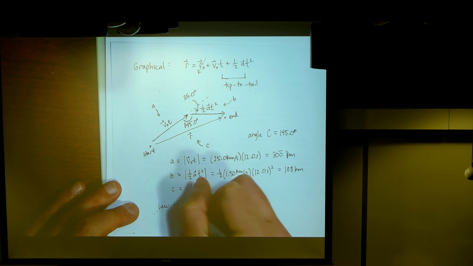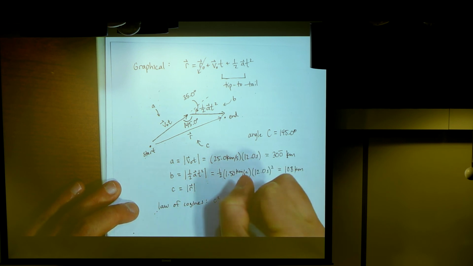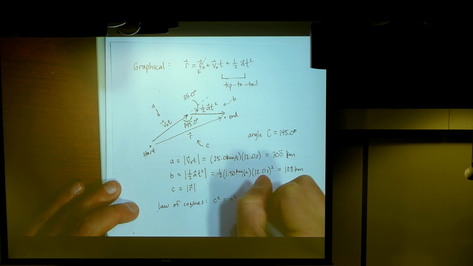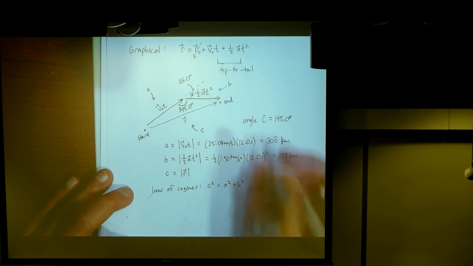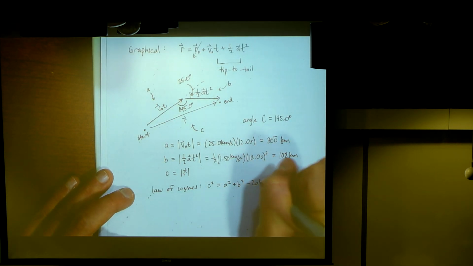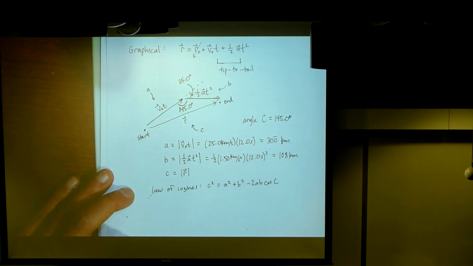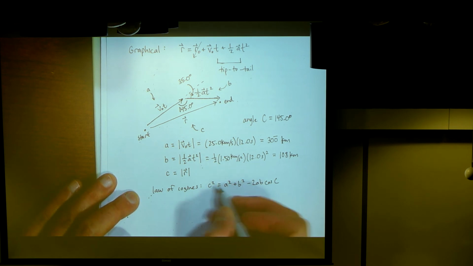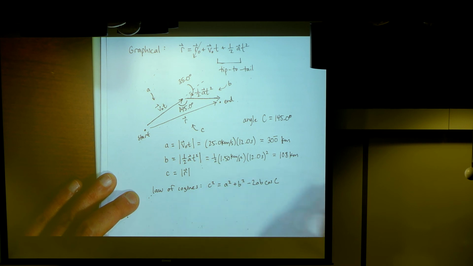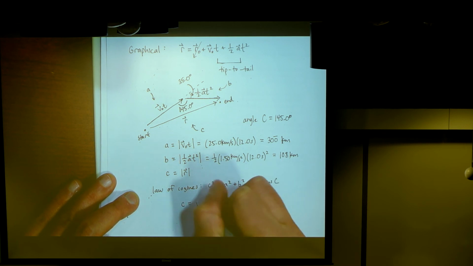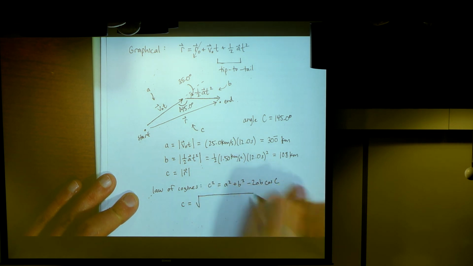Law of cosines, let's just write it out. That is side C squared equals side A squared plus side B squared minus 2AB cosine angle C. Okay? So if we're looking for side C, we just square root both sides, correct? And we'll plug in all the numbers.